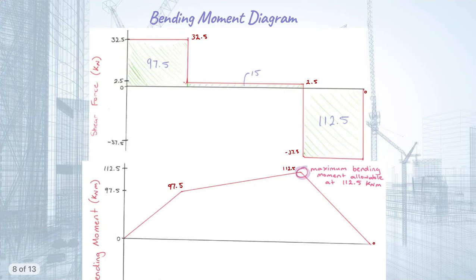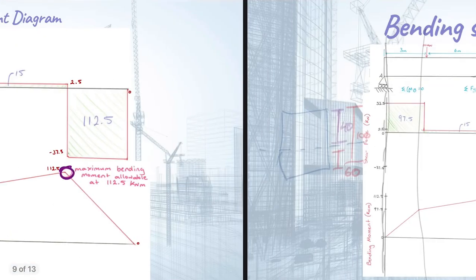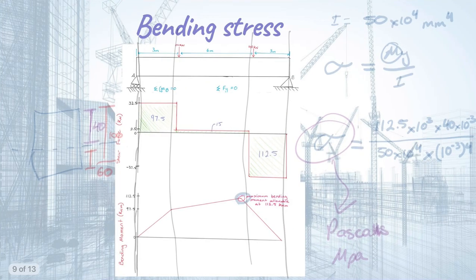As you can see, when they're lined up, you have both these diagrams just like that. The maximum bending moment is the maximum bending moment that's applied at the beam. It's 112.5 kilonewton meters.